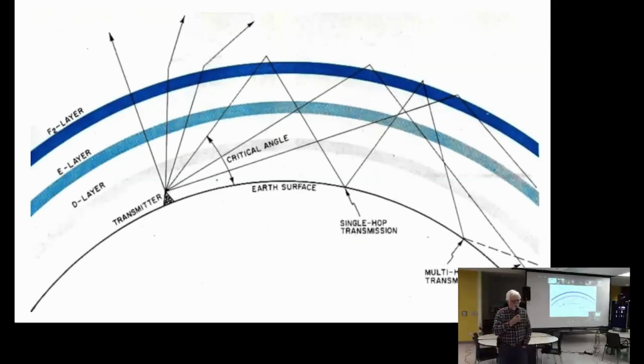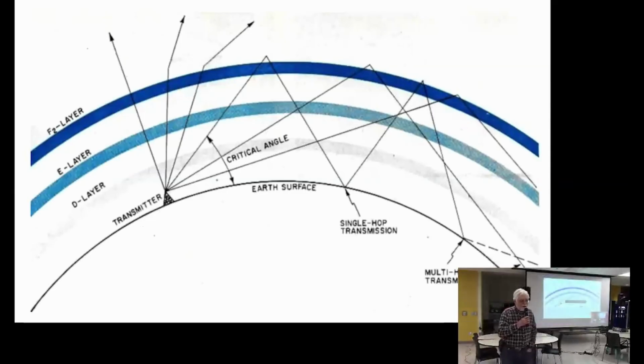The vertical ones, I have to say one thing, which is that the D layer is entirely absorption. There's no bending and refracting back to the surface on the D layer. It just absorbs the radio waves in the HF. So you have to get through the D layer, and that becomes an important consideration.